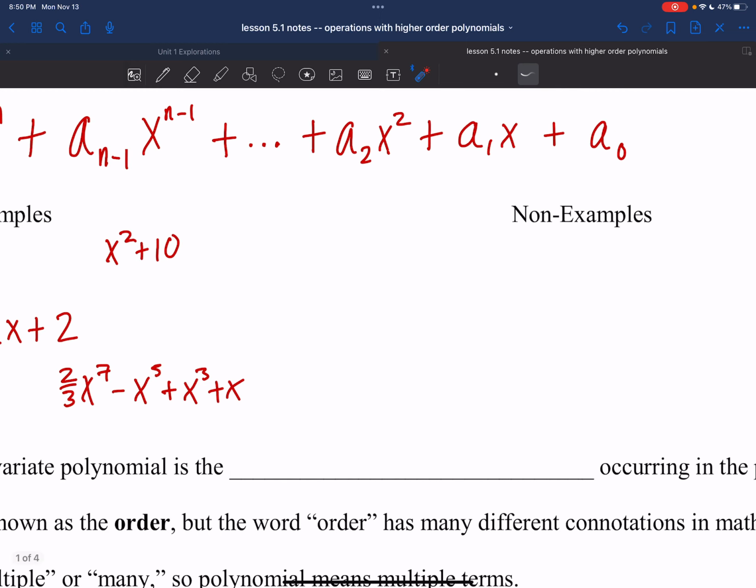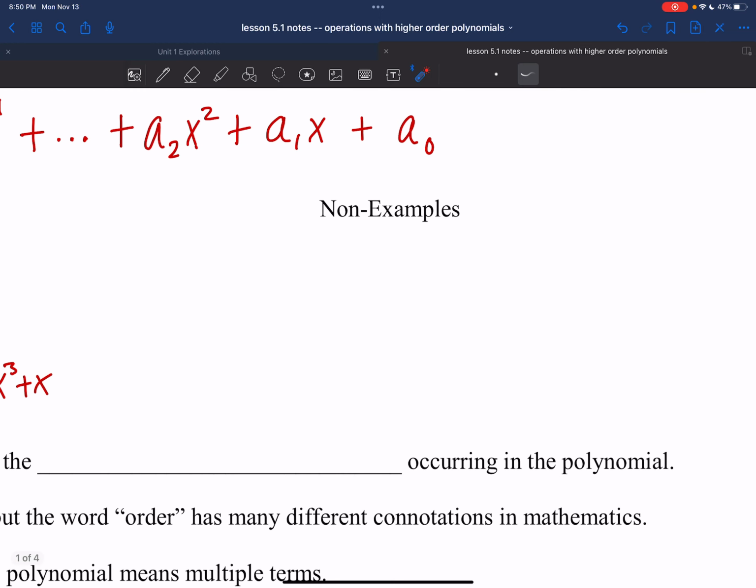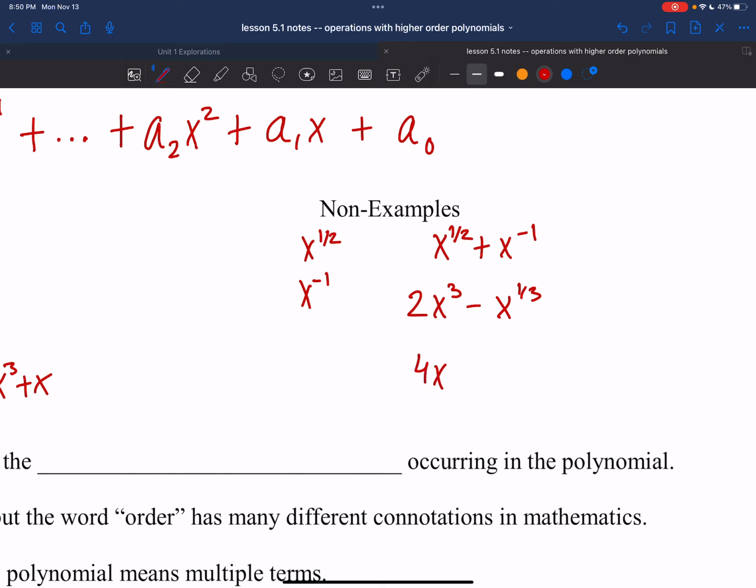Here are some non-examples. Non-examples would be like x to the 1/2, x to the -1, or maybe even worse, x to the 1/2 plus x to the -1. Or 2x cubed minus x to the 1/3. That's not a polynomial. Even 4x to the 5th plus 2x squared plus 3 over x minus 1.